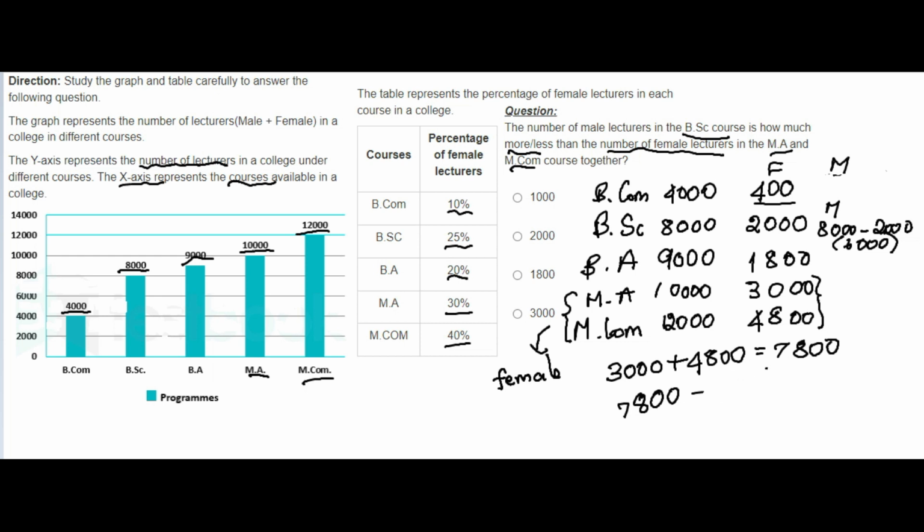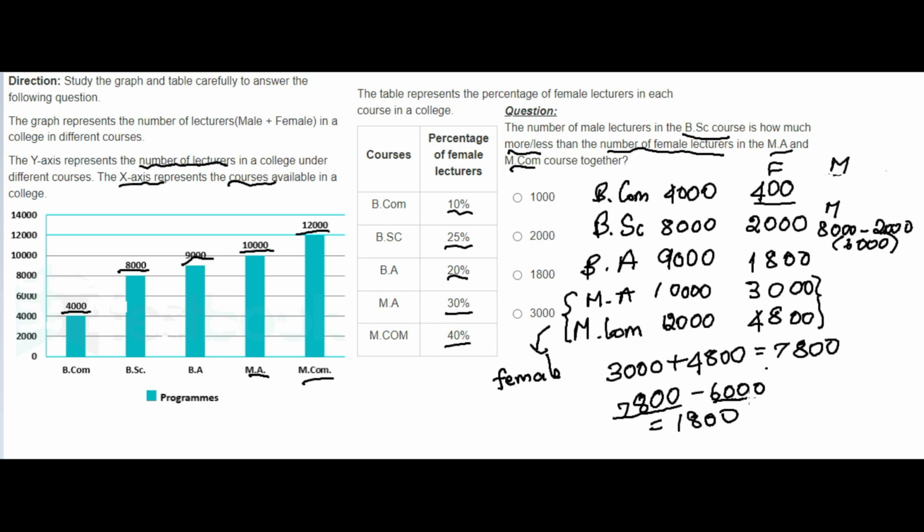Now I go for the brush, and here 7,800 minus 6,000, because 6,000 are the male members from the BSc. So totally the answer is 1,800. Combined, you take the female candidates of MA and MCom, and see how far they are higher or lower.